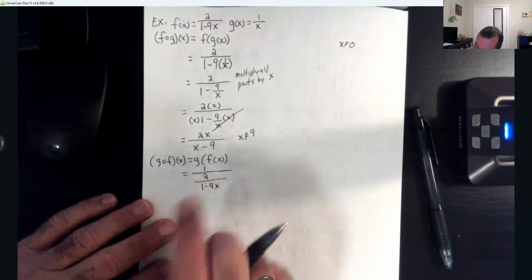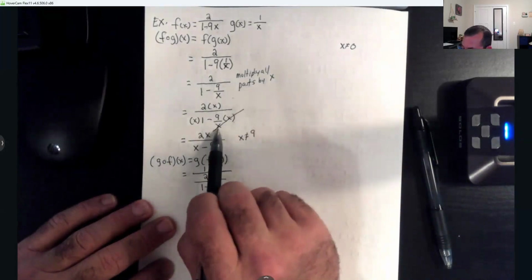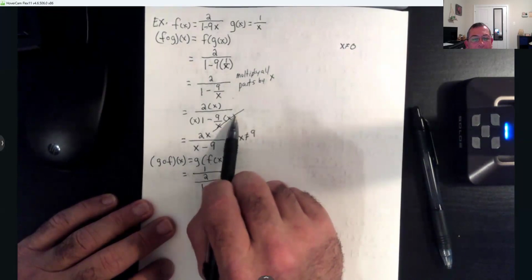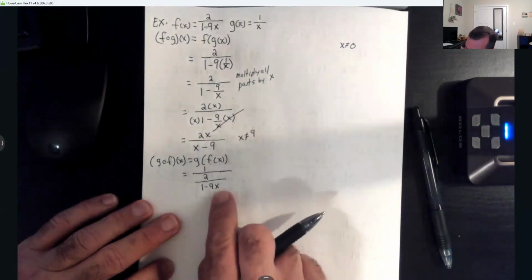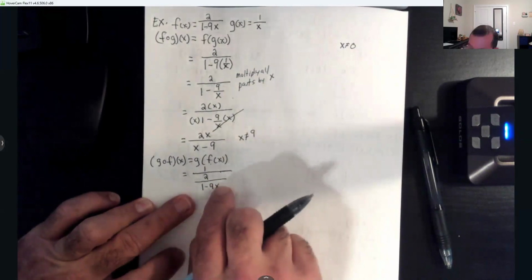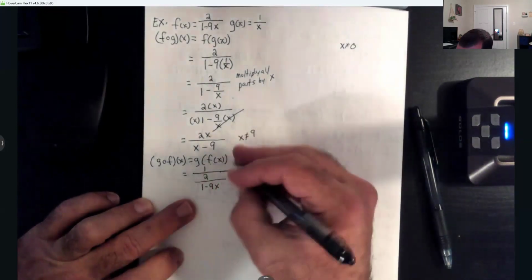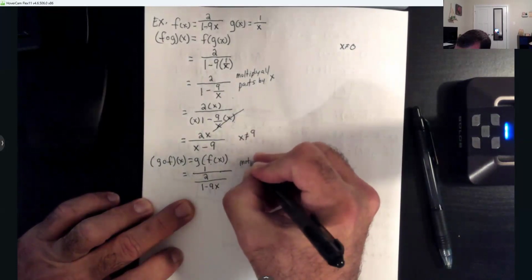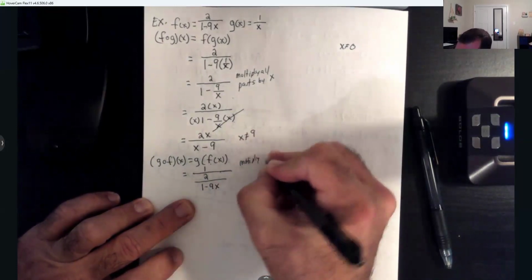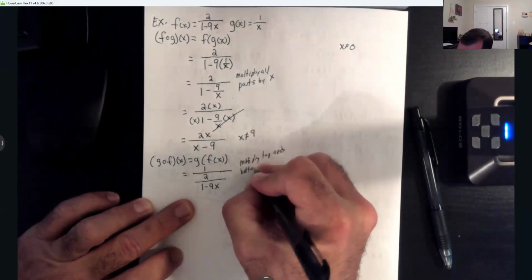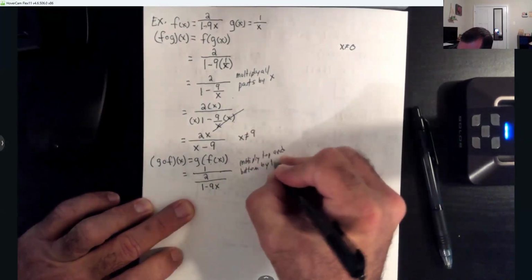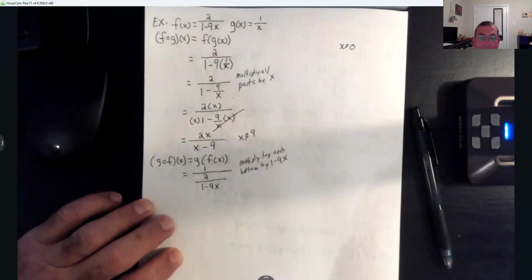So remember up here, since this denominator was the x, I multiplied top and bottom by the x. So what I'm going to do here, since this bottom is a 1 minus 9x, I'm going to multiply top and bottom by 1 minus 9x.